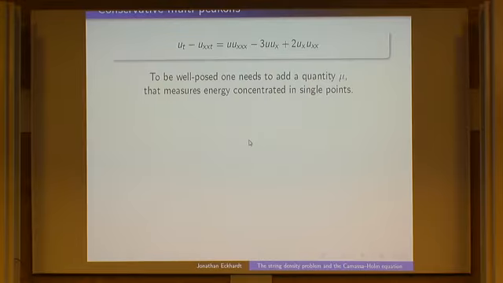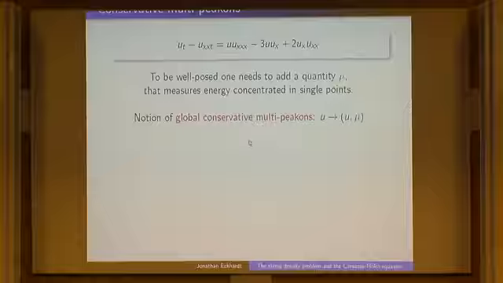And this collision of two peakons corresponds to the fact that mu will have a single Dirac delta measure at this point of collision. So you end up with the notion of global conservative multi-peakon solutions by adding this second quantity. Now a solution is not just the function u, but a pair u, mu.